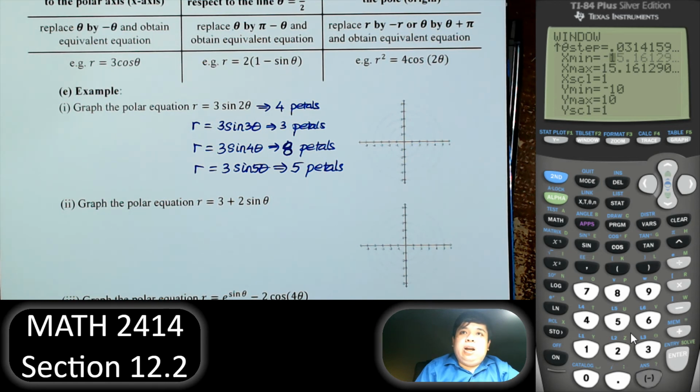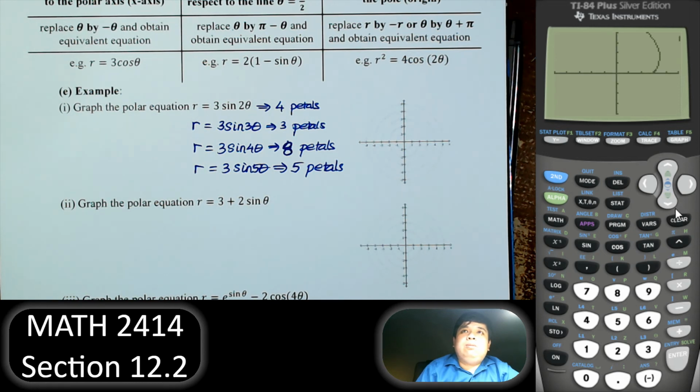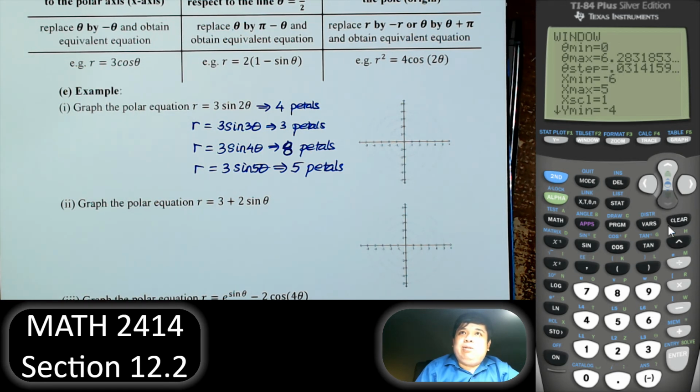Let's go from negative 5 to 5 on the x, and negative 4 to 4 on the y. Negative 6 for x, 6 for x, and 6 for y too. Alright, how about that? Actually, it might be 2 pi, so make it 7. It should be more than 2 pi. Alright, that should be good.